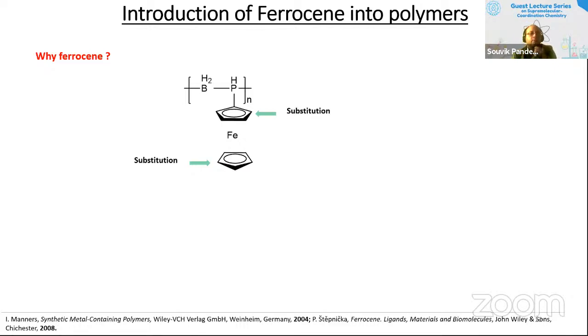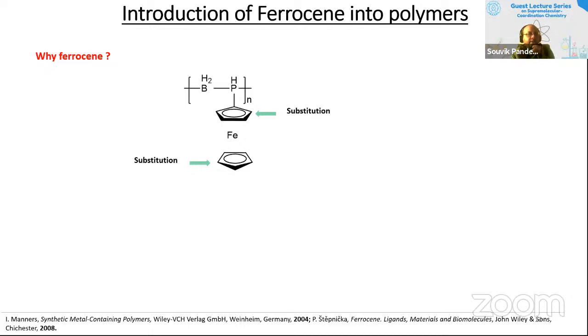Suppose I have some compound element here which cannot bind with anyone, which will not bind with any, only hydrogen, not with any other element. So I will not be able to modify this polymer.